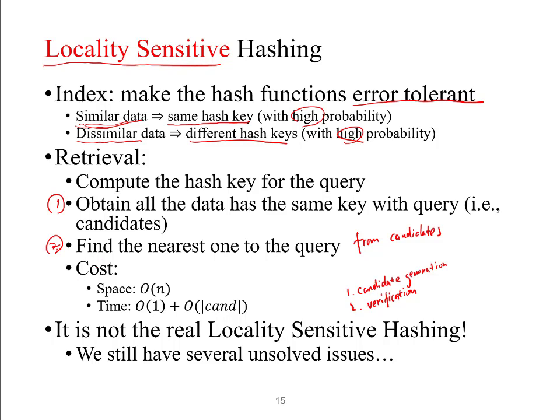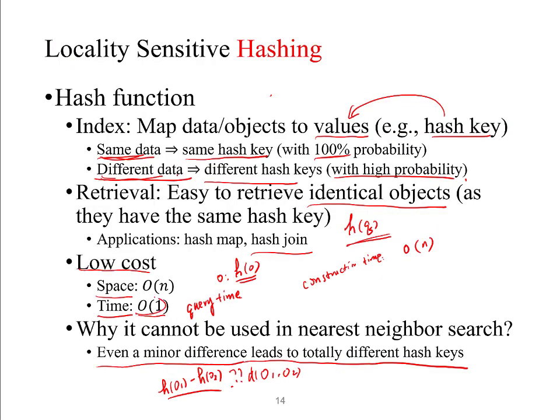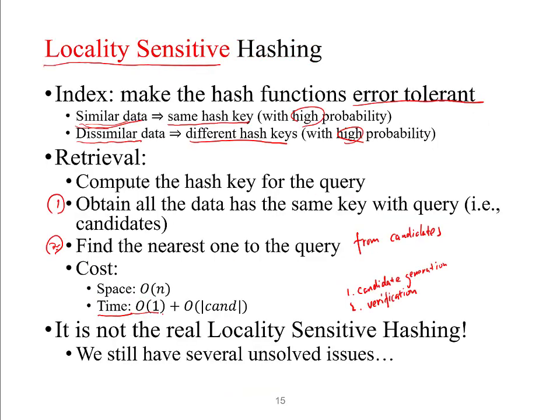In this case, what is the cost? For the space cost, it is the same because the index structure does not change. Right? We just change the hash functions. And for the time cost, besides the O(1) here, which is the same, we need to do the verification. Then we need a big O of the candidate size.